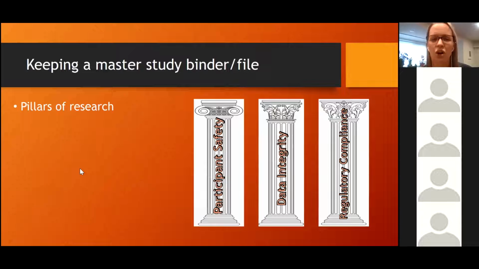And this really has to start at the beginning of a study. When you're developing that research question, writing your protocol, if you have a well-researched and well-documented study, it will ensure that you're going to get those publishable results, that you have data integrity, and that you're complying with most regulations. And again, most importantly, that we're keeping those participants safe.